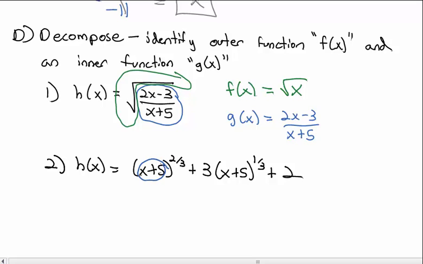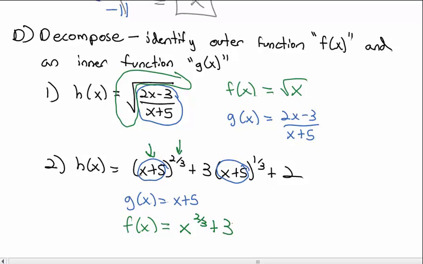One way is we could call the inner function the x plus 5. g of x equals the x plus 5 inner function. f of x is the function built around it, which is the stuff raised to the 2/3 power. So we say x to the 2/3 power, plus 3 times the stuff to the 1/3 power, plus 2.